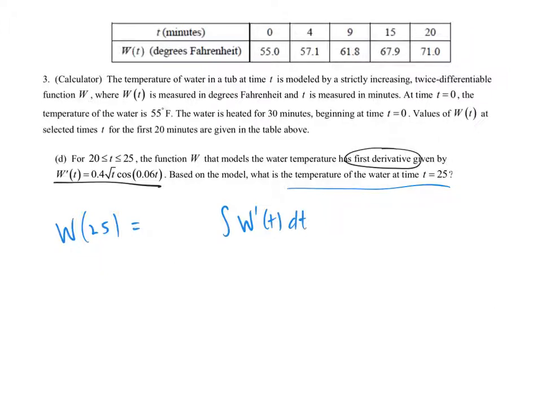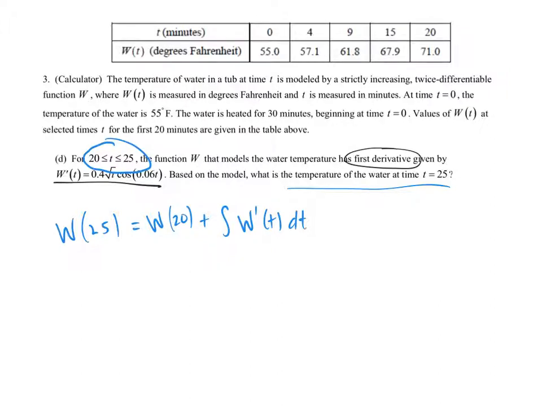But I've also got to have some initial condition or initial value of the temperature of the water. And if I pay close attention to the interval here, the initial condition that I want to use is W of 20. So W of 20 is going to be the initial condition that I use.